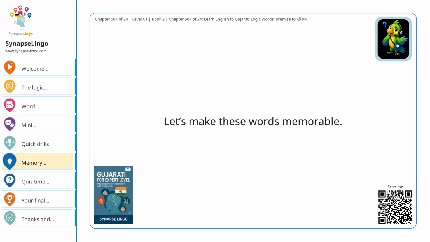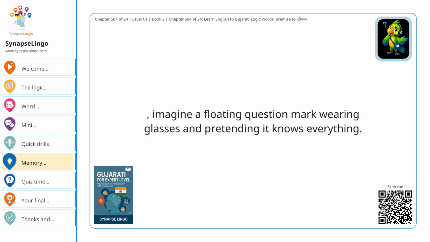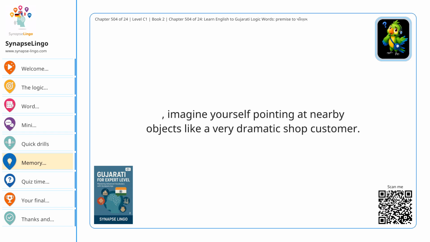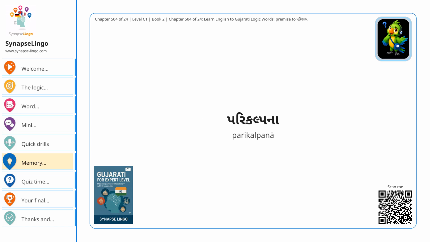Memory tricks that actually stick. Let's make these words memorable. Weird images help, and luckily weird is free. પૂર્વધારણા. Imagine a giant stone foundation under a house of ideas. ધારણા. Imagine a floating question mark wearing glasses and pretending it knows everything. આ. Imagine yourself pointing at nearby objects like a very dramatic shop customer. પરિકલ્પના.